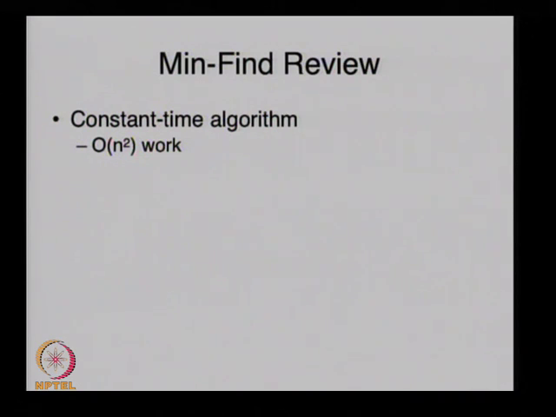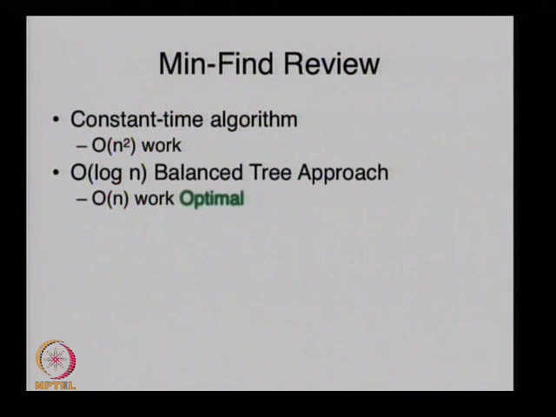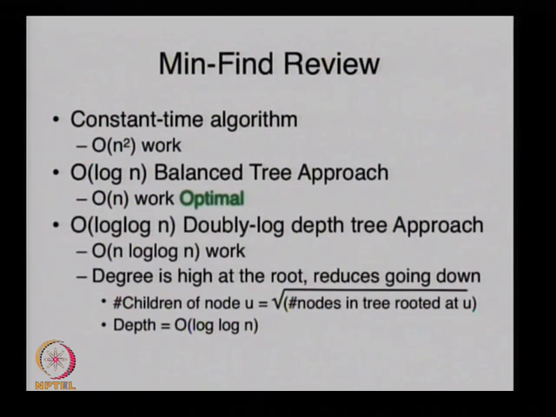So, just a quick review. A fast constant time algorithm, but not nearly optimal, combined with an optimal, not a very fast algorithm, essentially by extending the branching factor of the log n style algorithm.